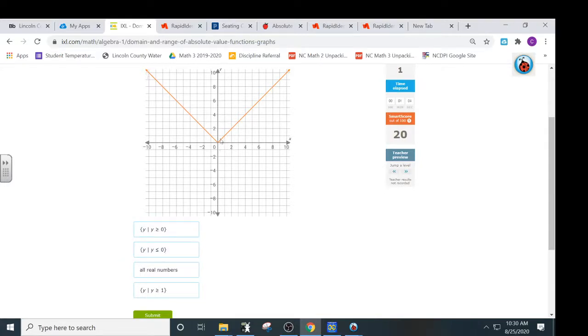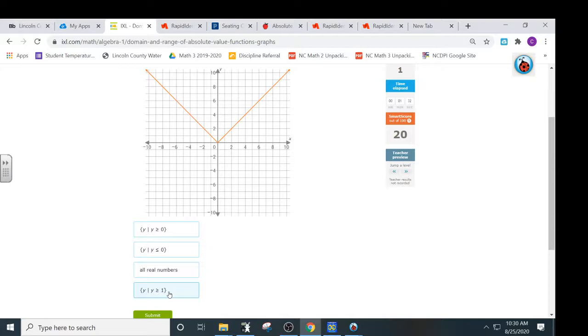Now, guys, if you think about it, the vertex here is 0, 0. Remember, your range will always have the y value of the vertex in it. So automatically, if my vertex is 0, 0, I know good and well this can't be right, because it does not have the y value of my vertex.